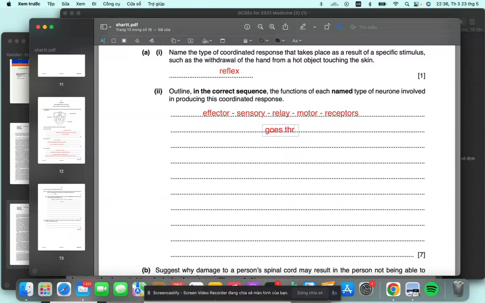It goes through synapses, the neurotransmitter passes from dendrites to synapses, and goes through the CNS, which is the spinal cord and the brain.